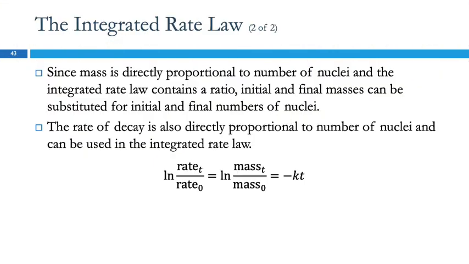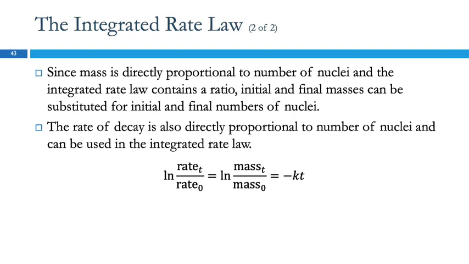Integrated rate law. So I kind of cheated. Well, no, I didn't cheat. Never mind. I did mention that the mass is directly proportional to the number of nuclei, and that integrated rate law has a ratio, so we can use final and initial masses instead of final and initial numbers of nuclei.